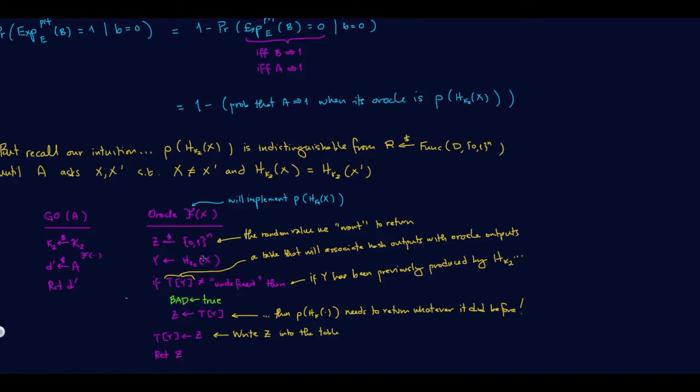It means that there were two calls to f, some x and now an x prime, that produced the same value y. Because the first x of the colliding pair would have produced a y. It would have looked at this and said, oh, it's undefined, so I can skip this. And what happens if I skip this? Then we just assign at position y in this table this value z, which, because we skipped all this, is just this random value. And then we return z.